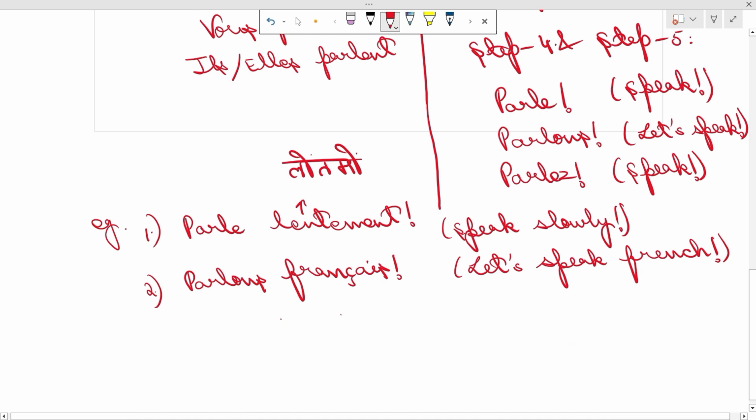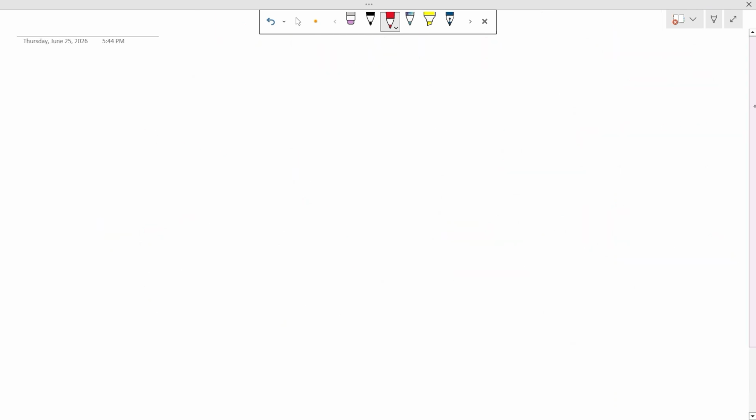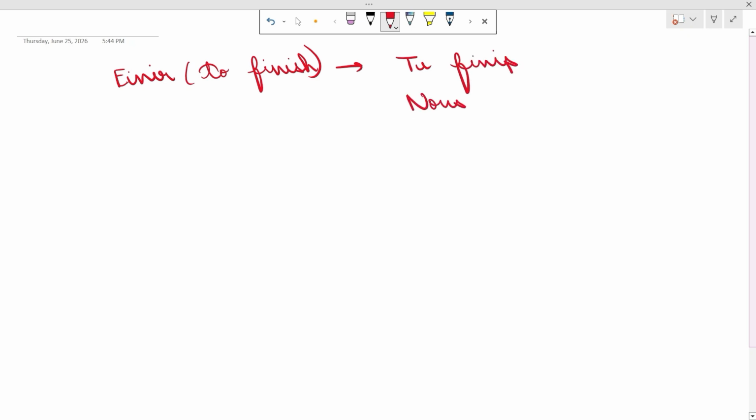Let's do it for the next set of verbs. Suppose I take the verb finir. Finir means to finish. If we conjugate the verb, the tu form will be finis, nous form will be finissons, and vous form will be finissez, double s.